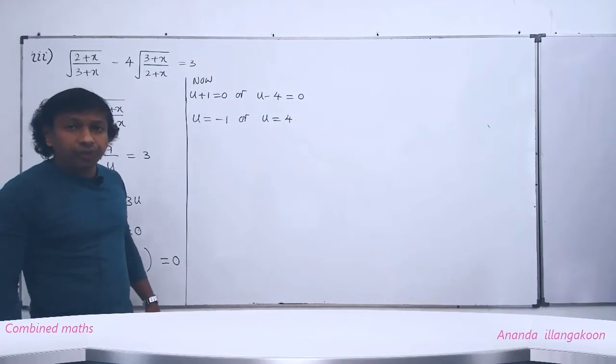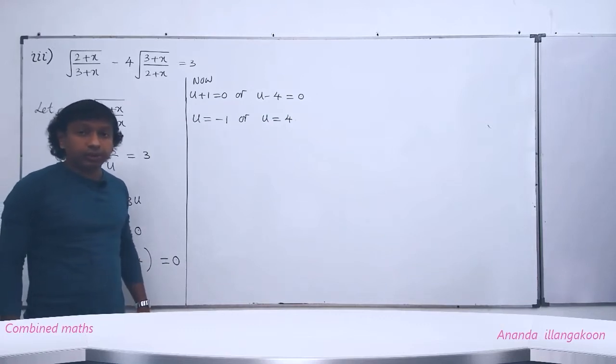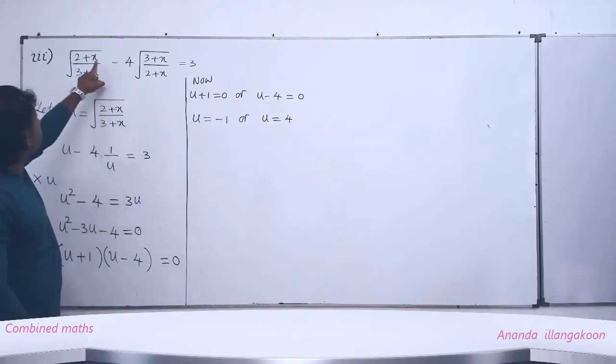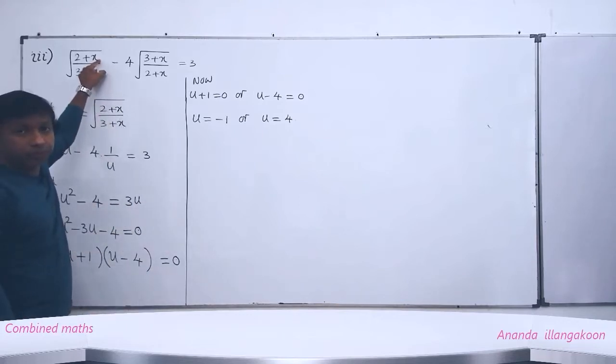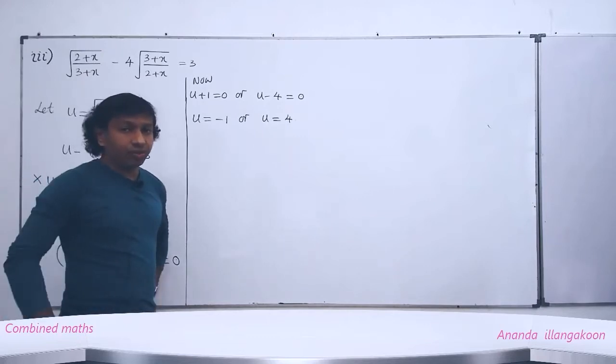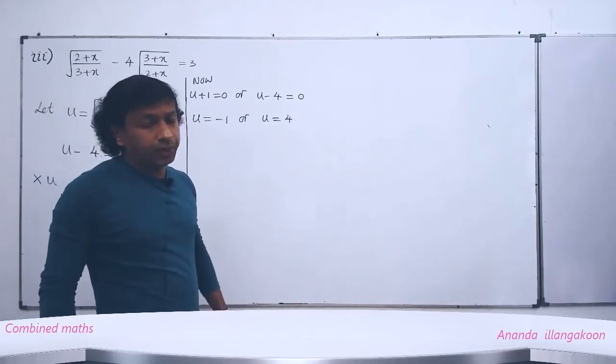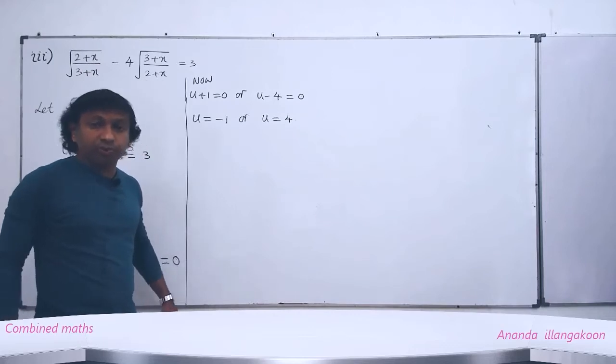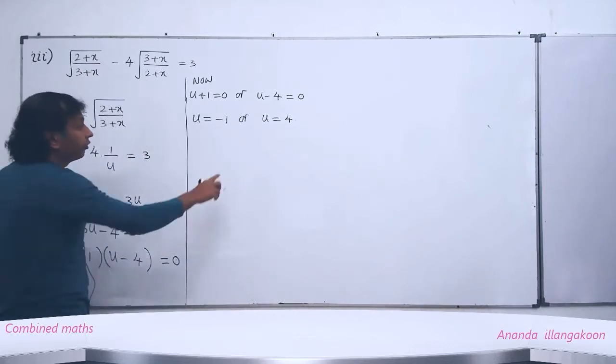Now we need to find not u, people. We have to find x, because our initial equation involves the unknown x. Solve means that x only we need to find. We introduced the new letter u for our convenience of doing this question. So then, people, the answer should be put for x. Then I take first u equals 4.